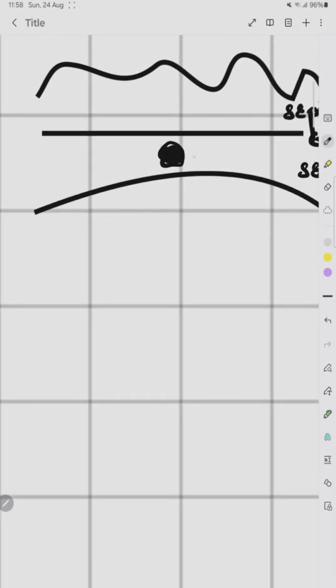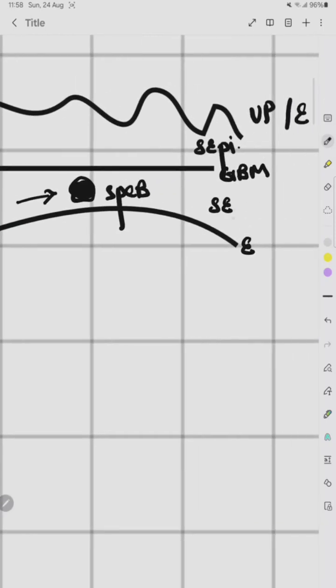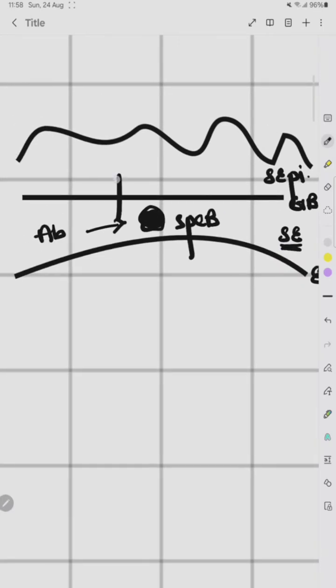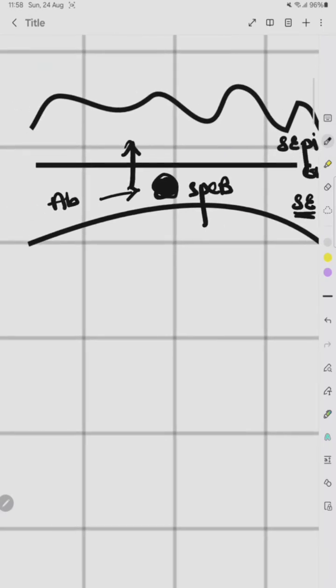Now this is the pyrogenic exotoxin. Antibodies are produced against this antigen, and immune complexes are formed on the subendothelial side. Now they migrate into the subepithelial side.